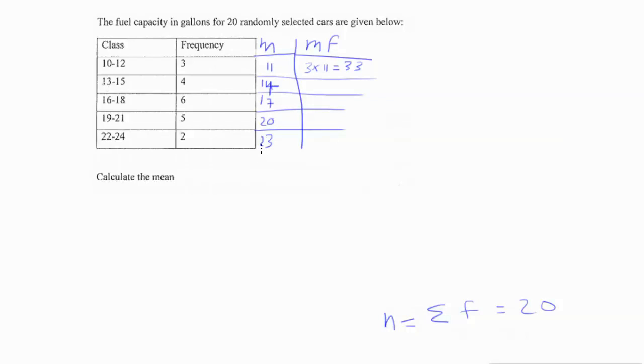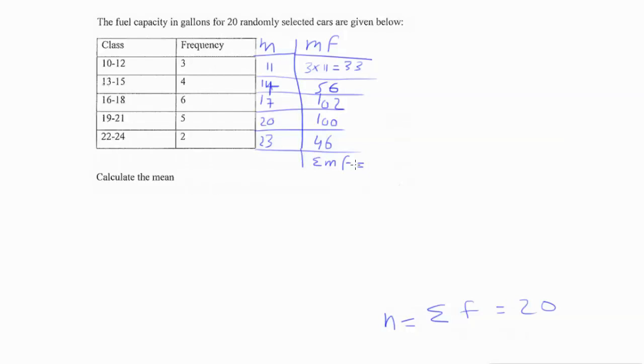If I want to add the values, at the end I'll get here the sum, which is sigma mf. So this will be here 56, right, and this will be 102. You can correct me if I'm wrong. This will be 100, and this will be 46.